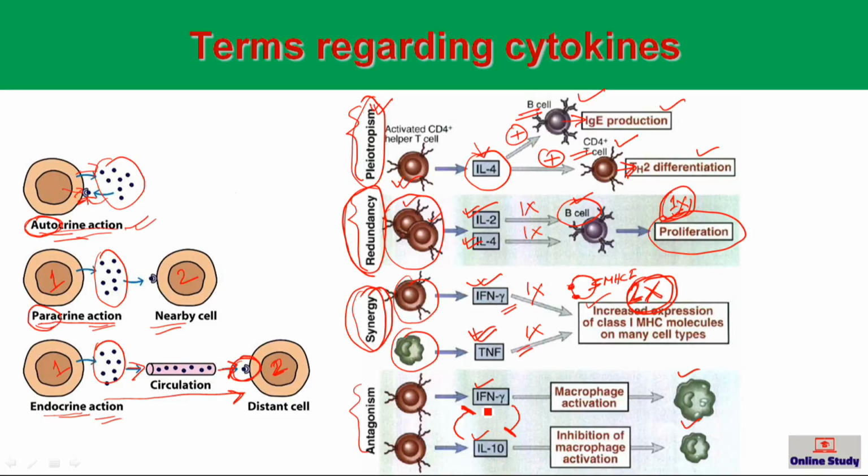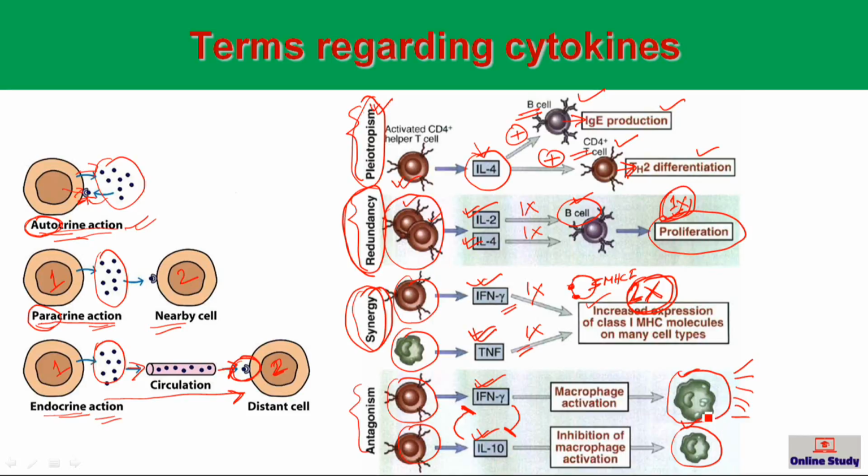For example, here activated CD4 helper T cell produces interferon gamma and also IL-10. When the interferon gamma acts on the macrophage, macrophages are activated. But when the IL-10 acts on the macrophage, it gets inhibited. So this type of action is called antagonism.